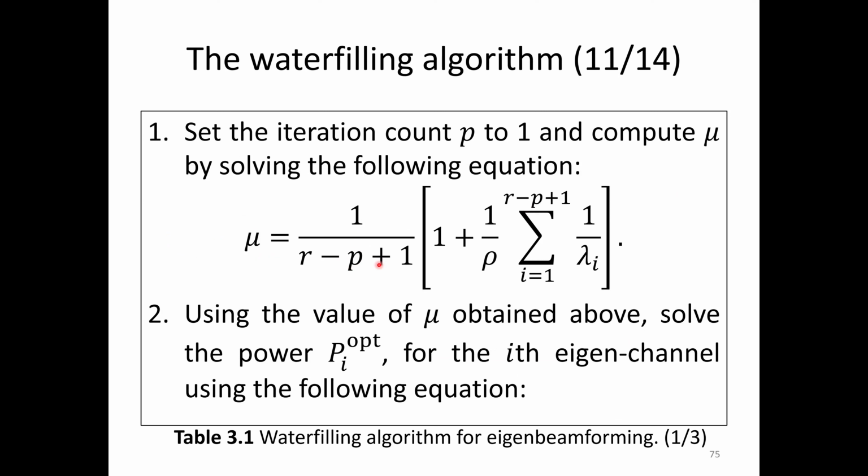After we increase P from 1 to 2, this term R minus P plus 1 will be changed from 5 to 4, because 5 minus 2 plus 1 is equal to 4. So this coefficient is changed from 1/5 to 1/4.